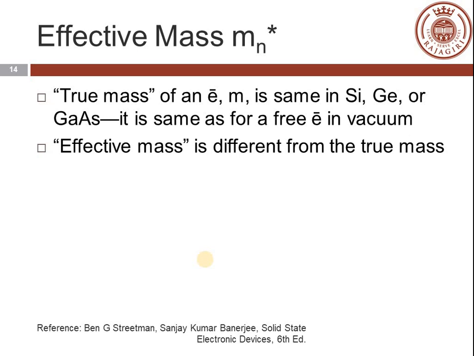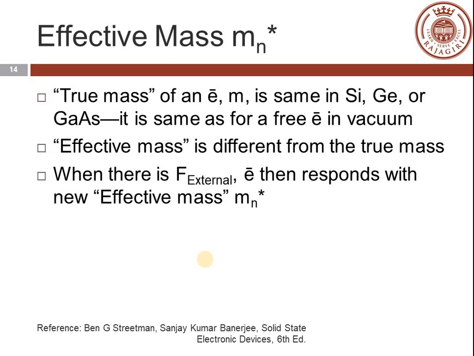So we said true mass is the mass experienced by an electron kept in vacuum. It doesn't experience any sort of force. But once there is an external force on the electron, it will respond to this external force with a new mass, which is called the effective mass, denoted as mn asterisk.